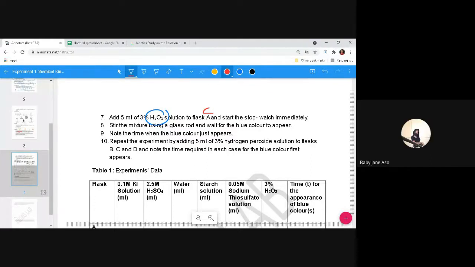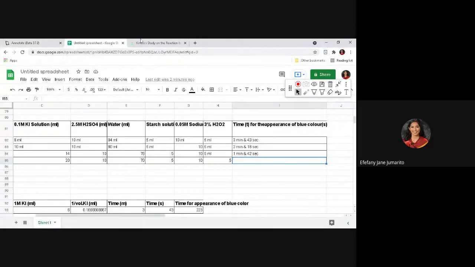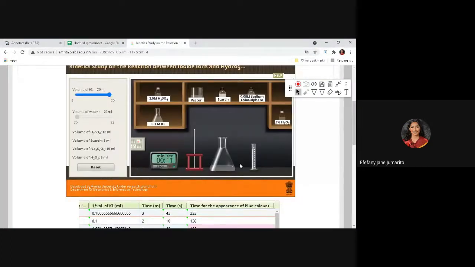Stir the mixture using a glass rod and wait for the blue color to appear. 9. Note the time when the blue color just appears. Okay, all right. Now timer starts now. Okay, so again, while waiting for our solution.